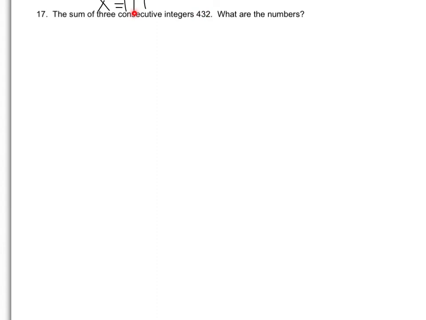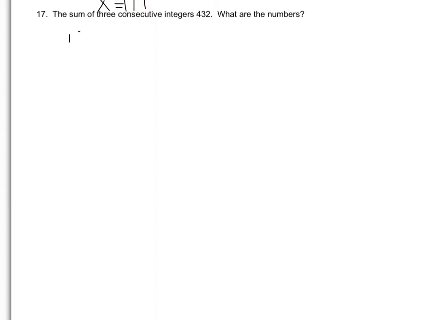What are the numbers? Well, they're not giving me any numbers to start with, so I have to actually figure them out. If they're going to equal 432, I know that three things added together is going to be 432.